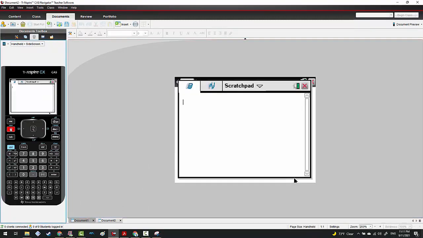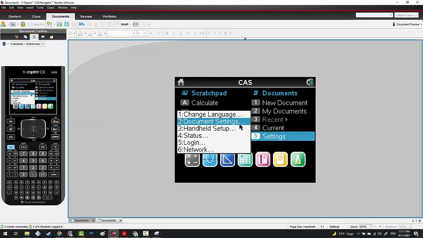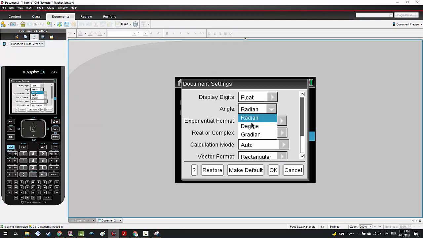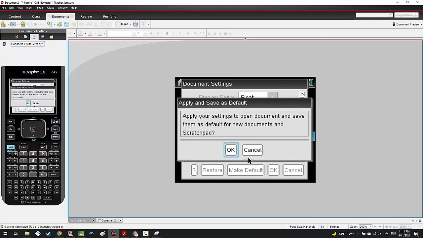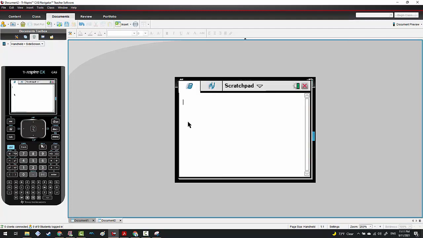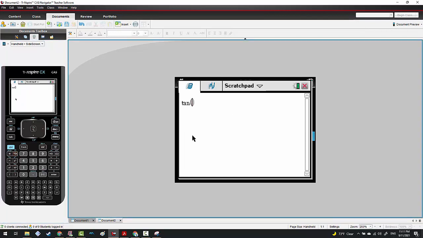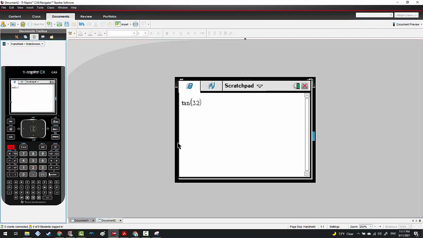First, I'm going to go to the home screen and switch my angle settings to degree. Now obviously this is a graphing calculator, you guys will be doing this on a scientific calculator, but if I do tangent of 32, I get 0.6248.